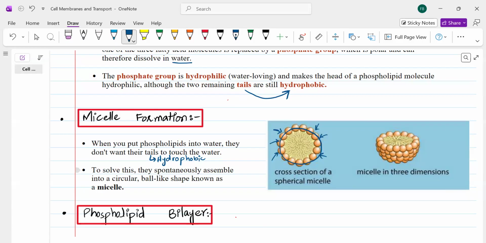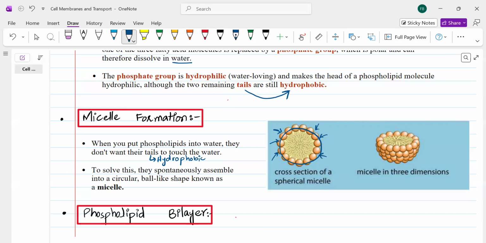To solve this, they spontaneously assemble into a circular ball-like shape known as a micelle. It is simply phospholipids in an arranged manner. Whenever phospholipid is present in water, they don't want their tail to interact with the water, so they arrange themselves in this way, in a circular, ball-like manner.